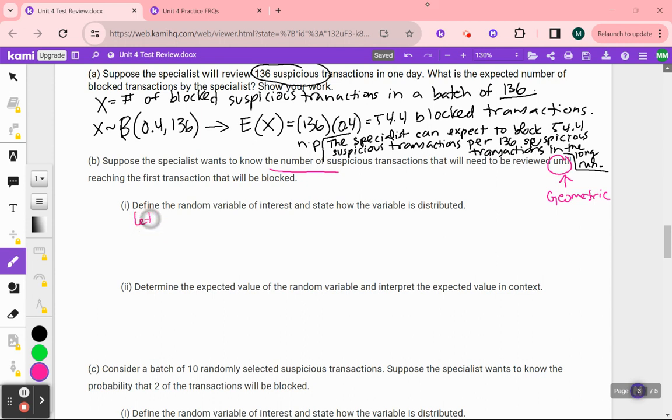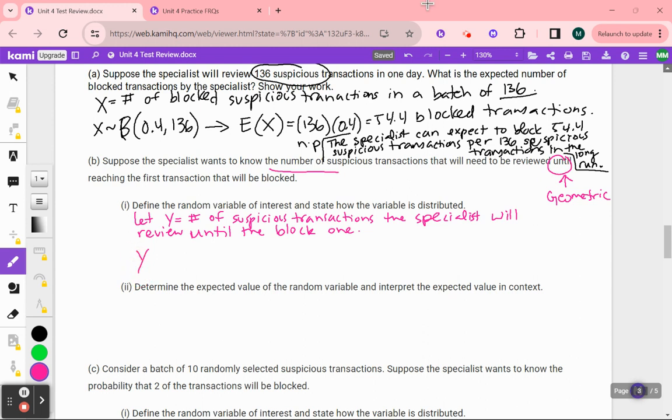Let Y equal the number of suspicious transactions the specialist will review until they block one.